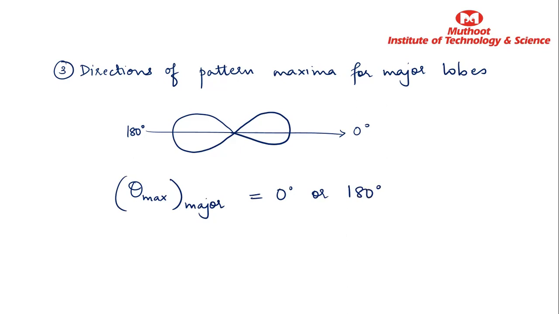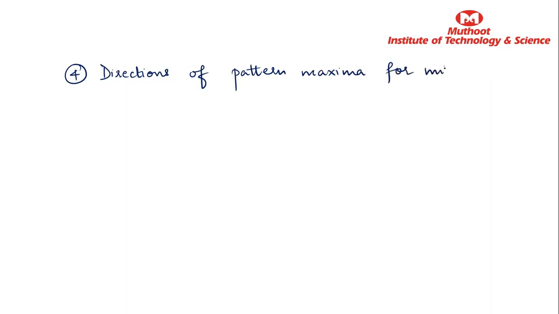So now let's talk about the minor lobes also. Major lobes are very simple. Now we have to talk about the minor lobes also. So the directions of pattern maxima for minor lobes.